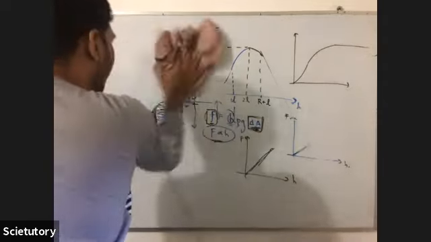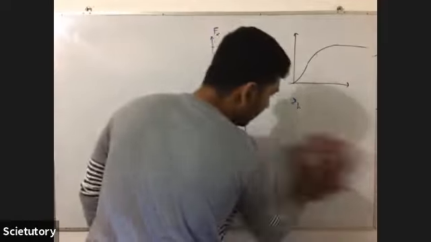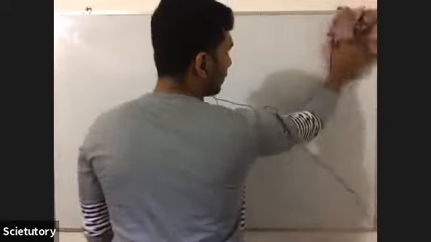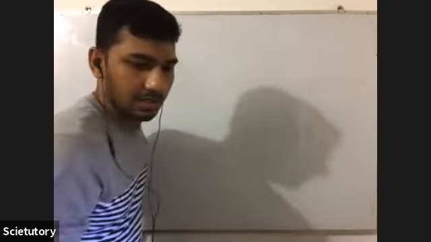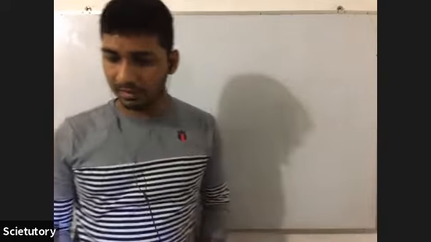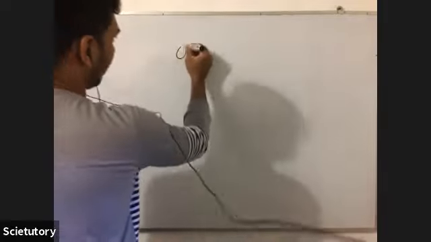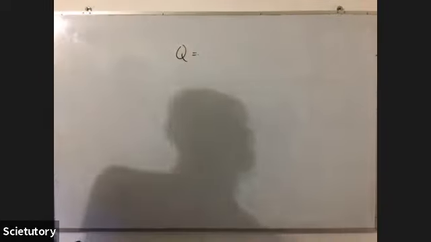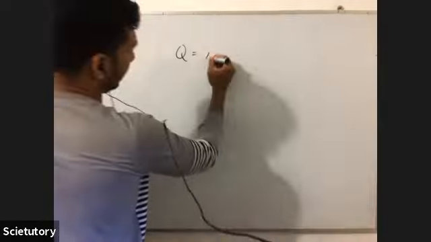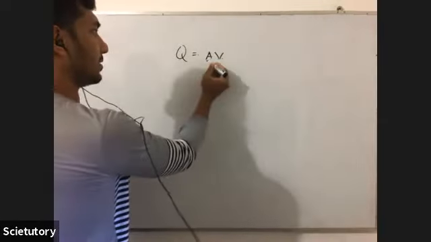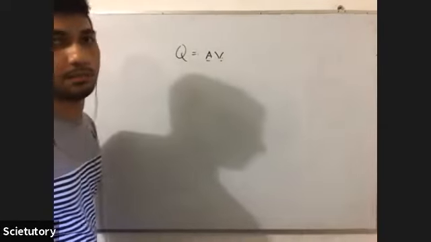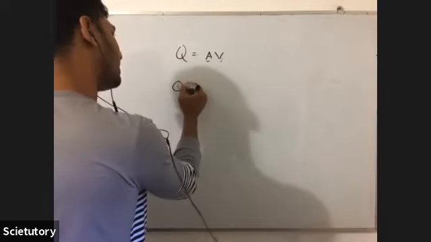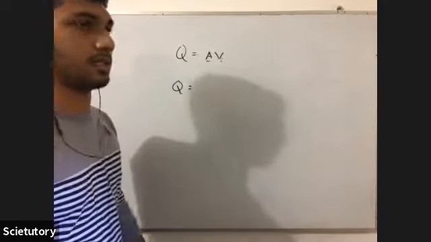So now they are relating the velocity with the pressure difference. Usually we study the rate of flow in two different parts of physics. One is in Bernoulli's theorem, where you consider Q as the rate of flow of liquid, the rate of volume flow. So it's AV, the cross-sectional area times the velocity. And in another unit you study a different equation for Q. What's that unit?